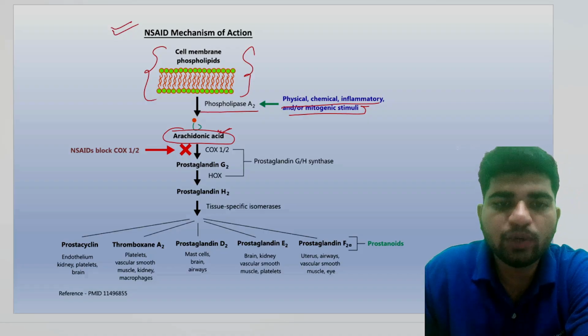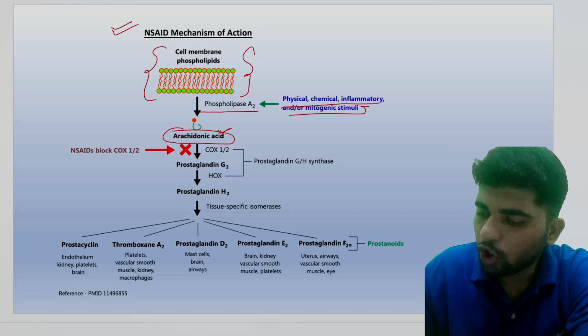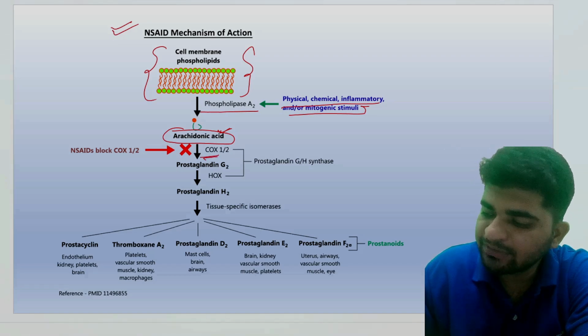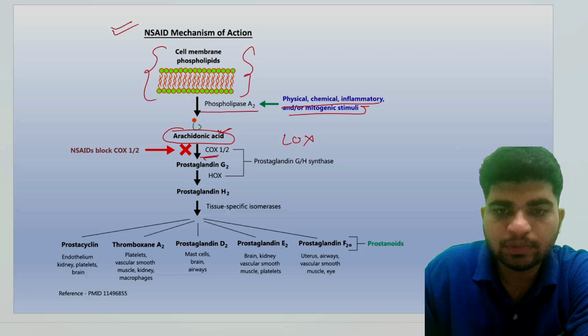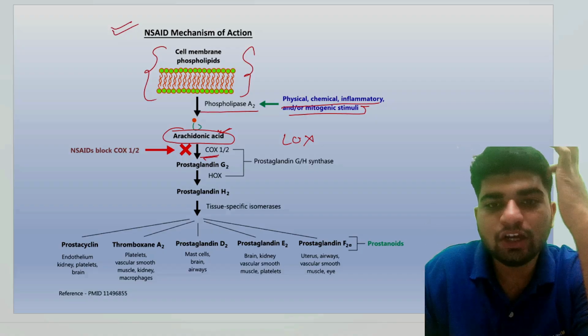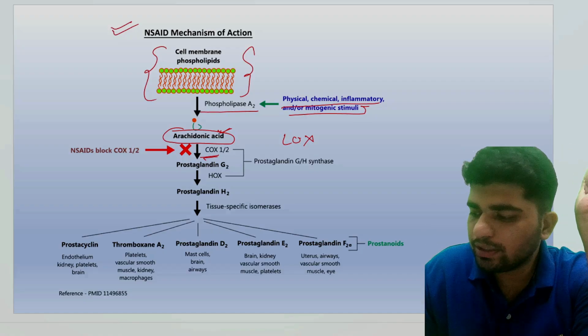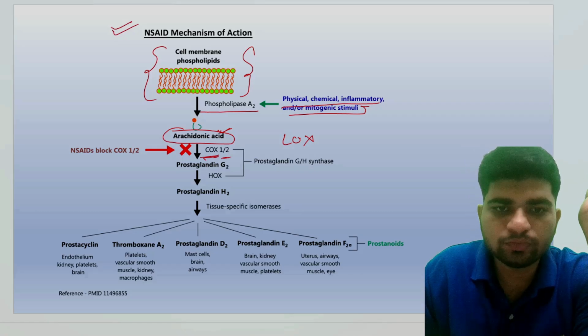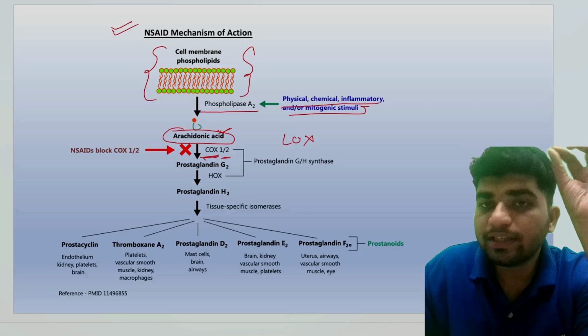This arachidonic acid generates the COX enzyme as well as the LOX enzyme. COX enzymes are of two types, COX-1 and COX-2.